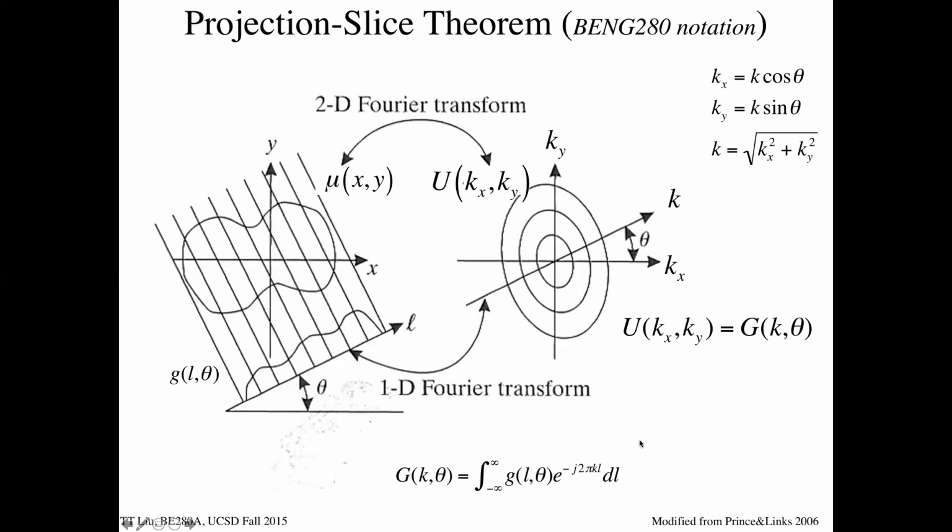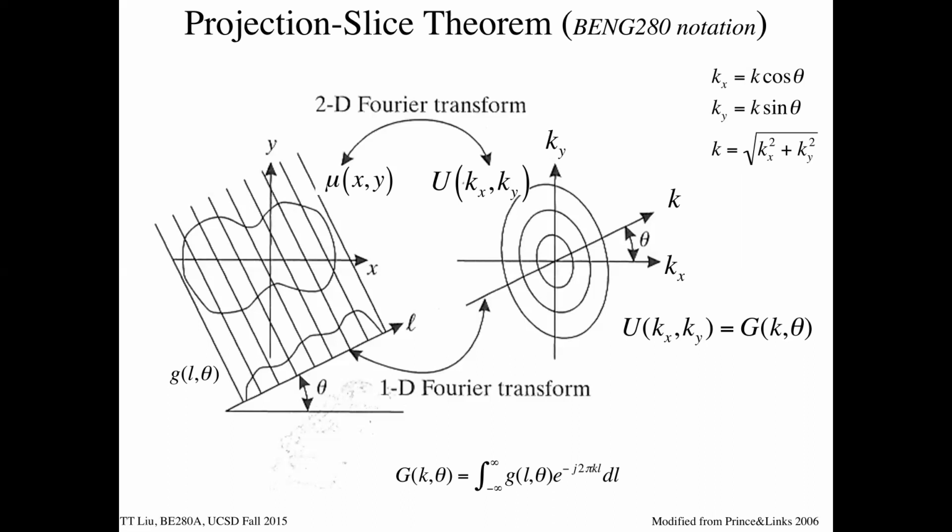Okay. And so this formula down here, I should have a big red box around this, is the projection slice theorem in the notation of our course, right? In that the Fourier transform, this is just a Fourier transform using L as the independent variable, of g(L, theta) is this function, capital G(k, theta), which is a line sample through the Fourier transform of the object. Yeah.